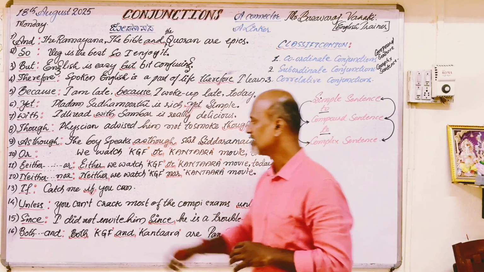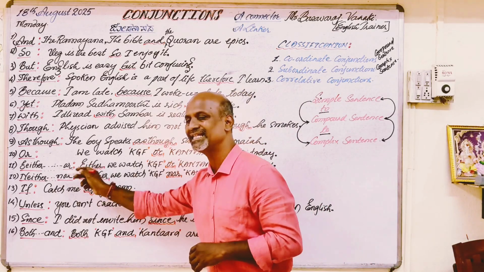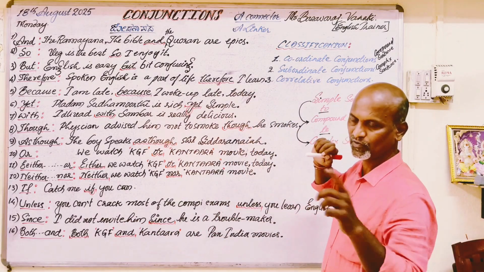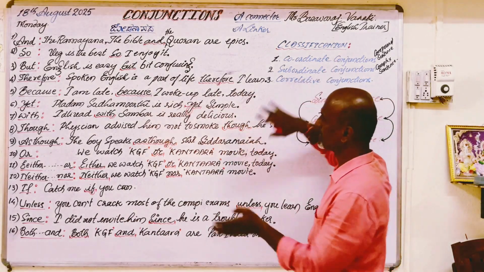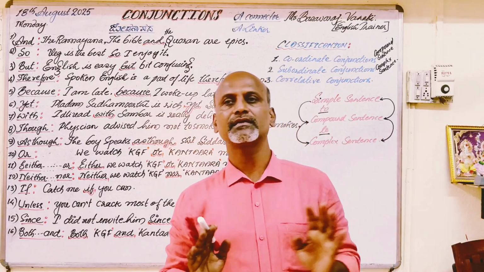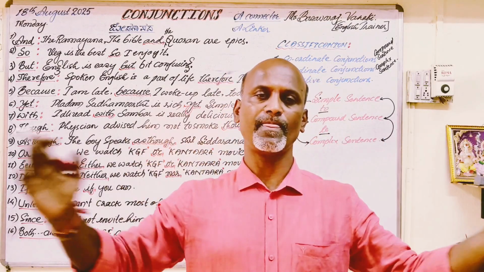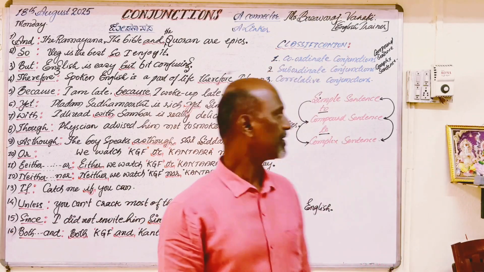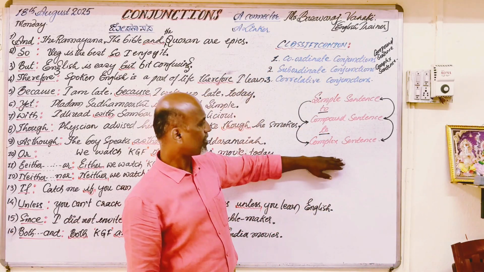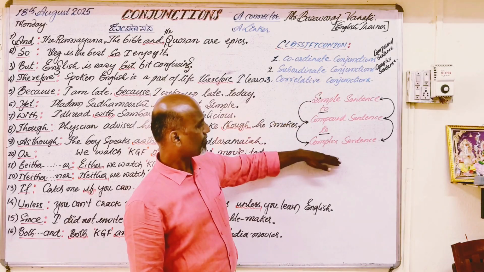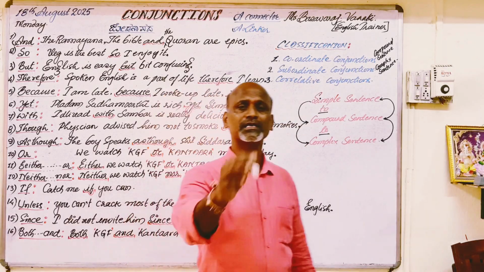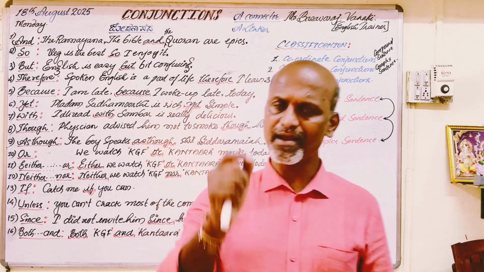Next, move to the next one. Either or. Students, this either or is known as correlative conjunction. As I told you in the beginning, I have mixed all the conjunctions just to introduce you, because conjunction is a very lengthy topic. If you want to convert simple to compound, compound to complex, complex to compound, or compound to simple, one must know the conjunctions very thoroughly.